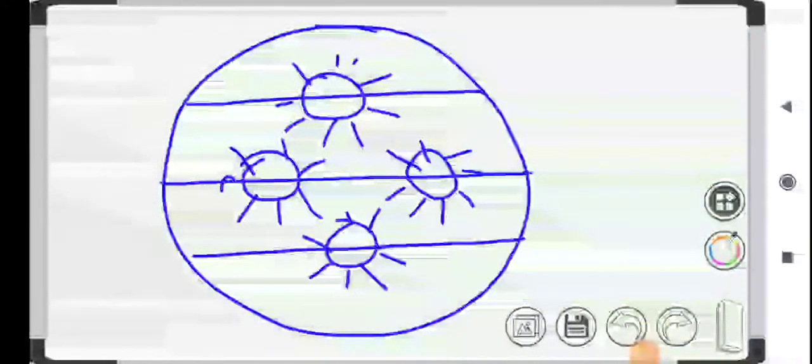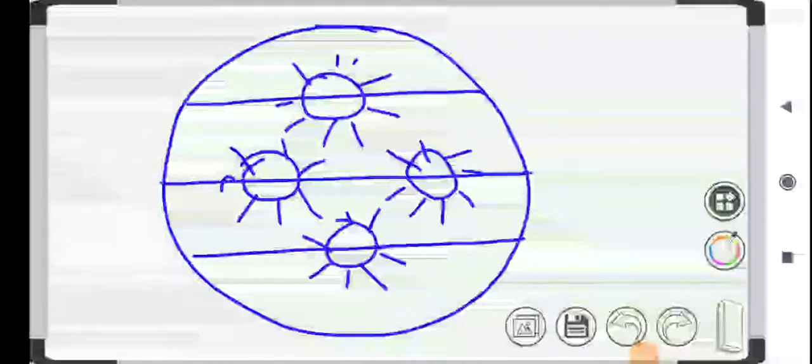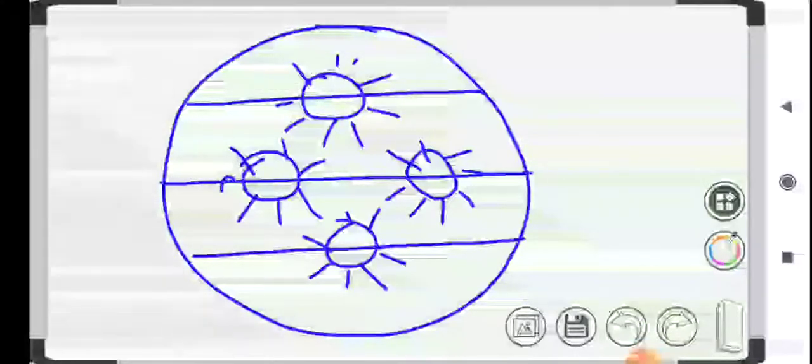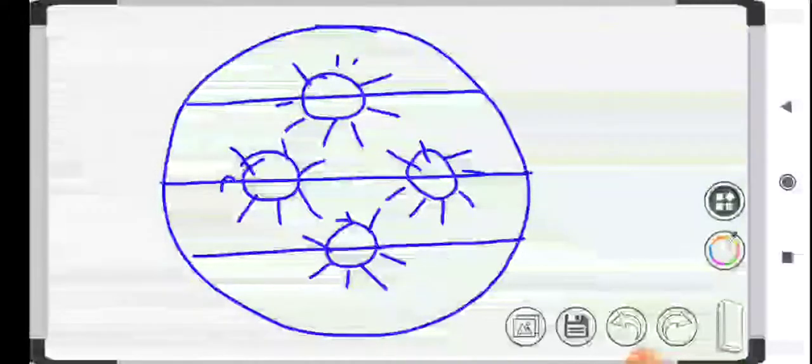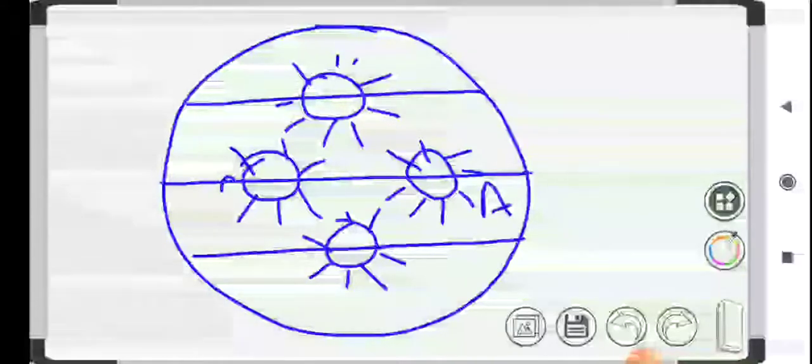Okay. Now look at this diagram. We have already studied the different positions in the apparent movement of the sun. Now we have to discuss the seasonal change. Here in the position A, it is the equinox day, March 21.